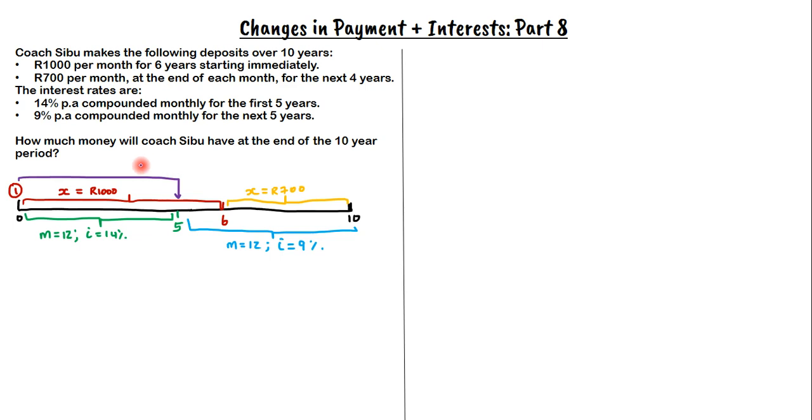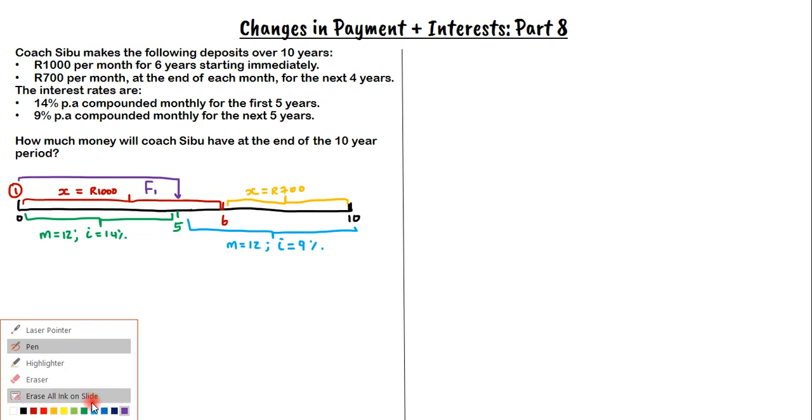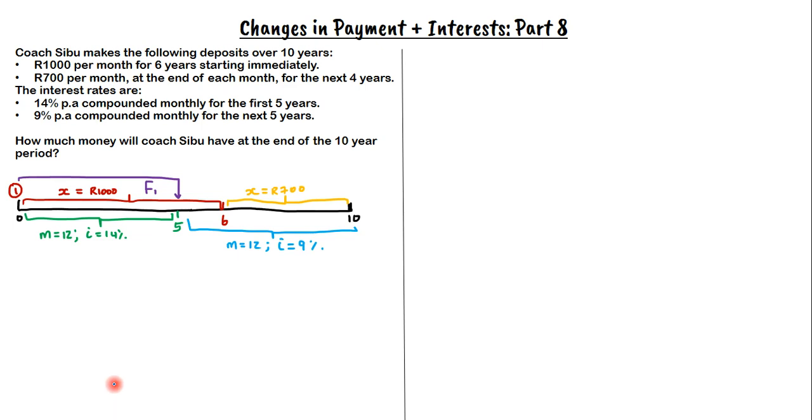So in this part, we're going to calculate our first future value. I'm going to put it as F1. Right after that, because of this change, we have another future value. Where will it be? Another future value will be where we started the new interest, so I'll start it right here, and then where there was another change.